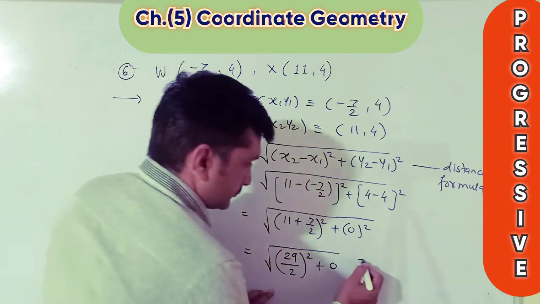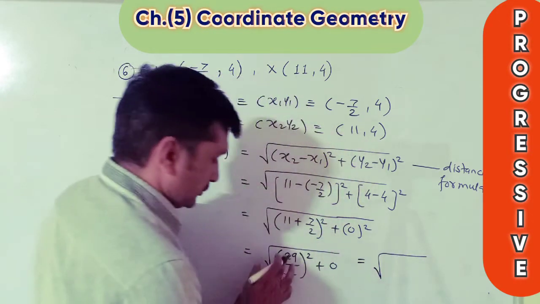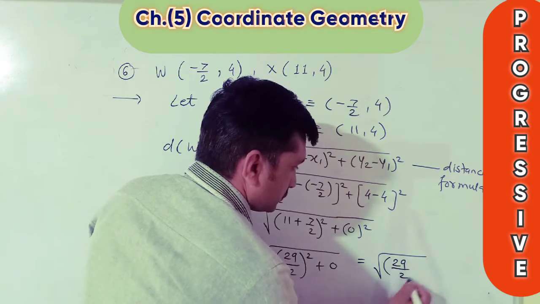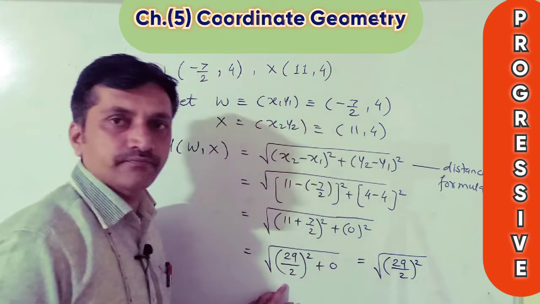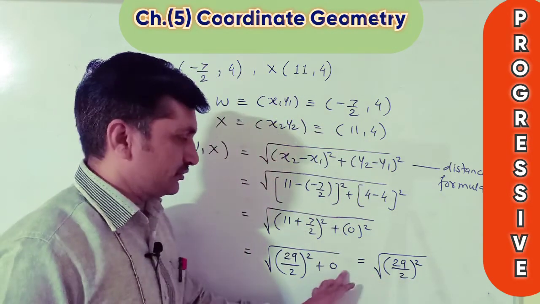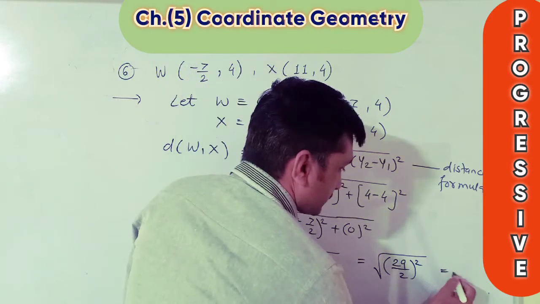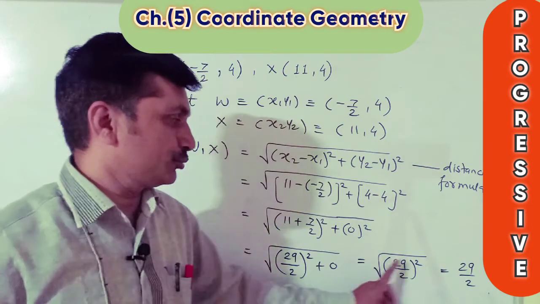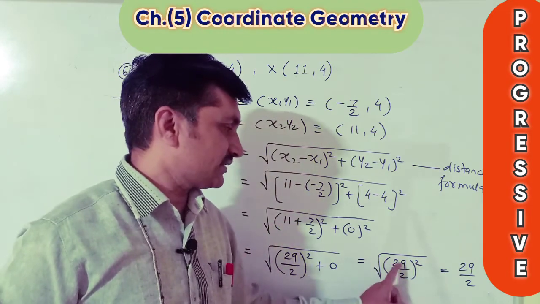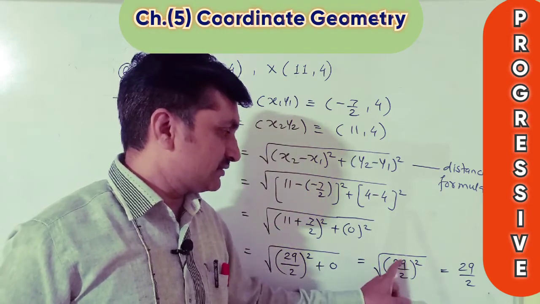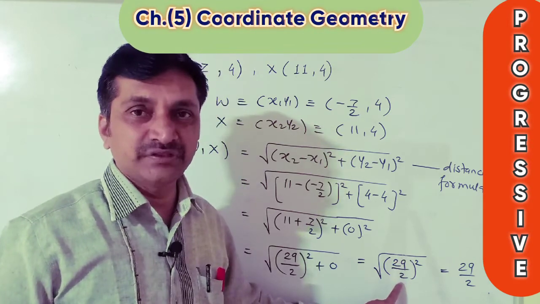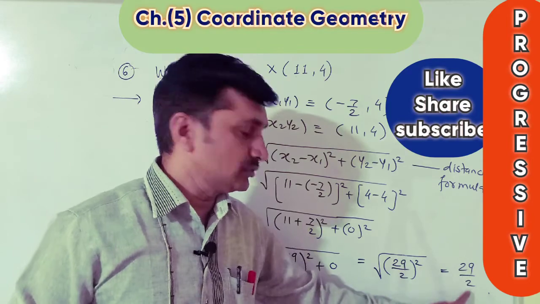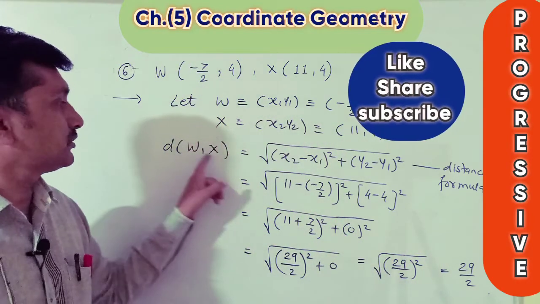Now here we have to write squares of them. Square of (29 upon 2) bracket square plus 0, no need to write, and the answer is 29 upon 2, because the order is 2 and the power is 2. When order and powers are same, square root is base itself, means radical itself. 29 upon 2 is the distance between W and X.